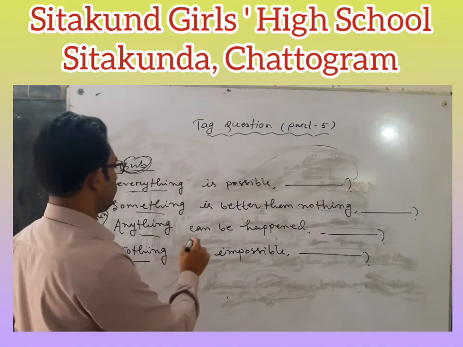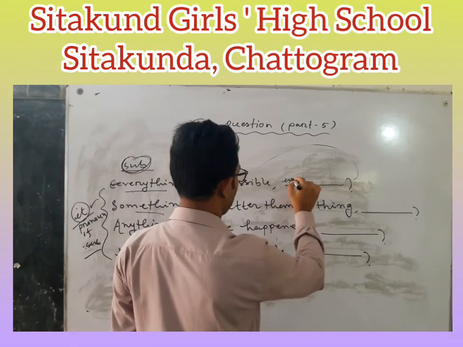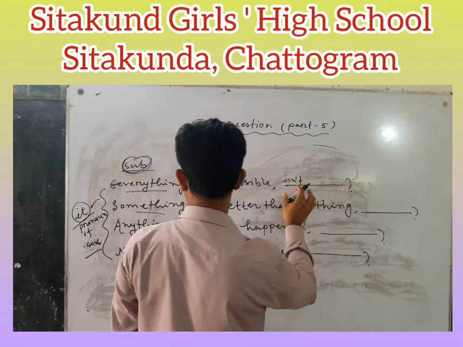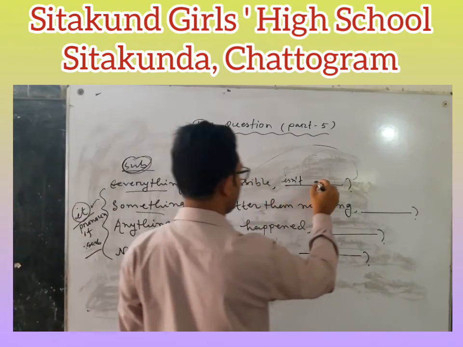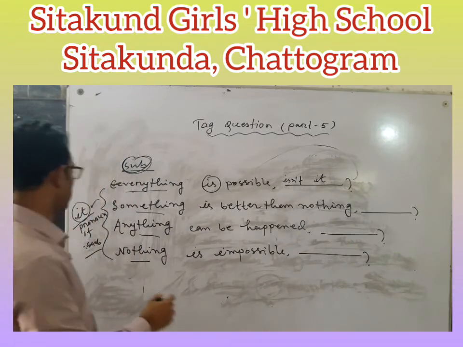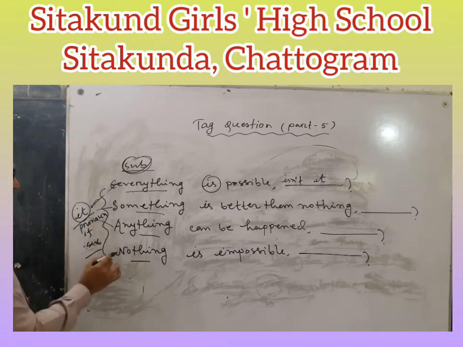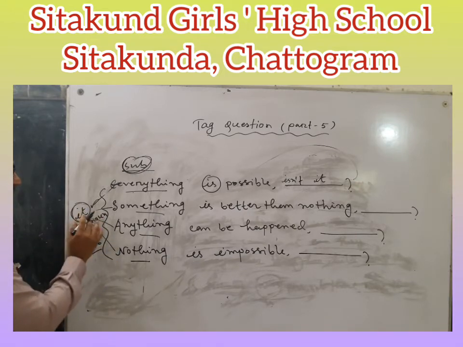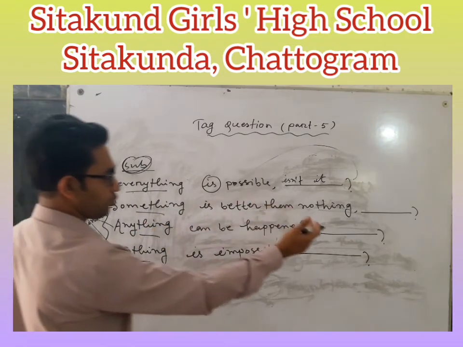So is for isn't, plus the pronoun of the subject. For everything, it; for something, it; for anything, it; for nothing, it. You can't write everything, something, anything, nothing in the tag question.